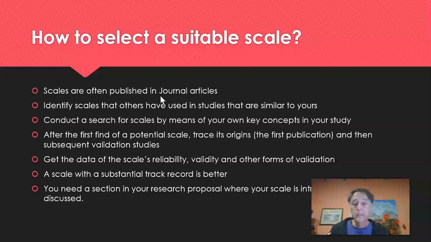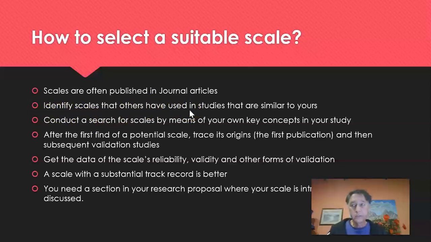And now you can go and search specific journal articles that utilize that scale. And in that way you collect evidence about the scales that were used in other studies, and you can, on the basis of that, decide to transfer it and use it in your study. Therefore, it's important to identify scales that others have used in studies that are similar to yours.